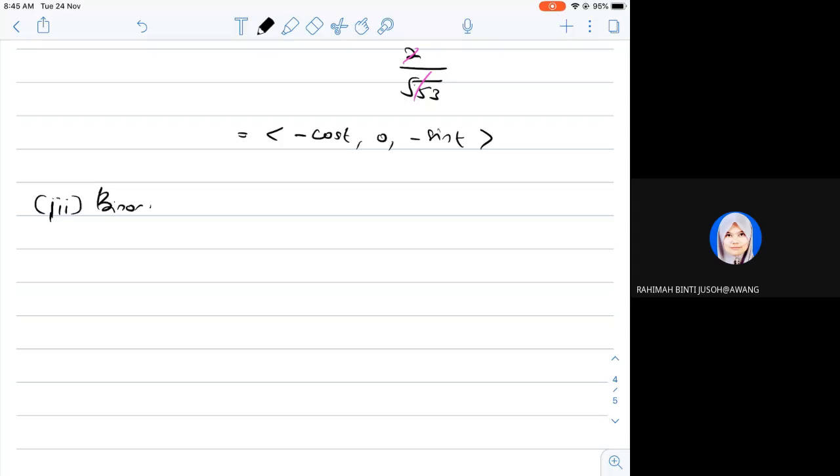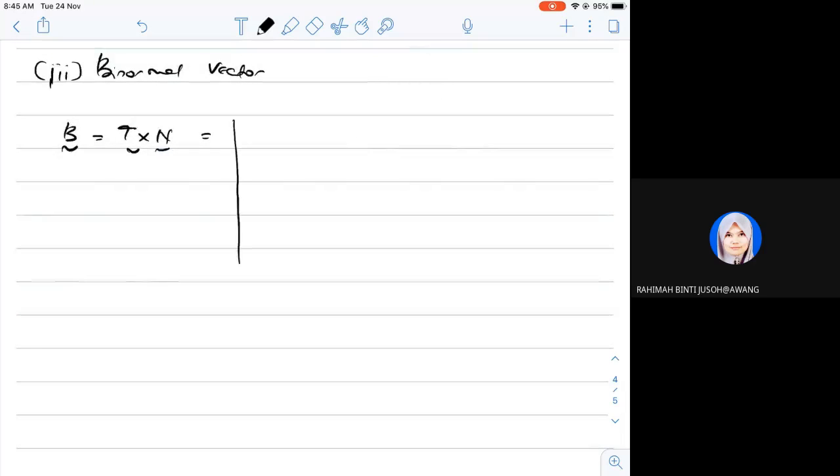Binormal vector, which is equals to T cross N. So what you should do, we have to do the cross product. Of course, so we have i, we have j, we have k, right? And don't forget, we should alternate plus, minus, plus here.